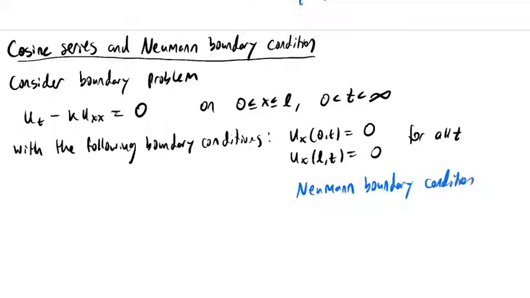So for the previous problems, we were looking at something that would typically be called the 0 boundary condition. This is a boundary condition involving first derivatives being 0. So this is typically called the Neumann boundary condition, or the Neumann 0 boundary condition. Right.